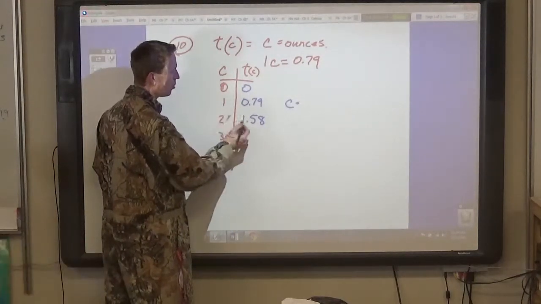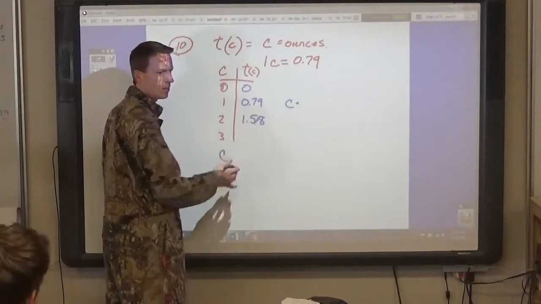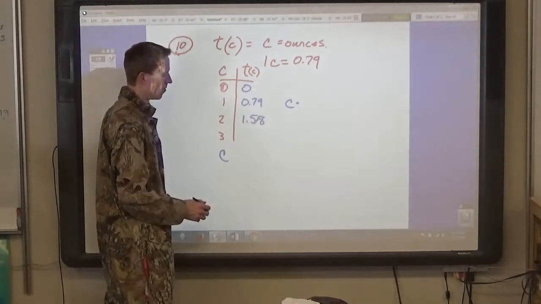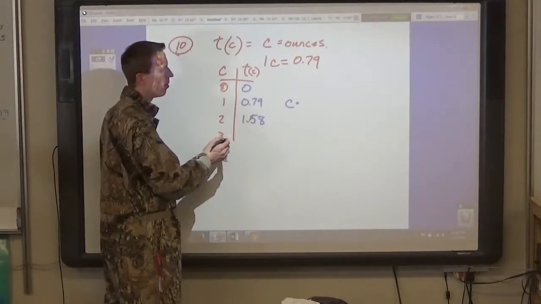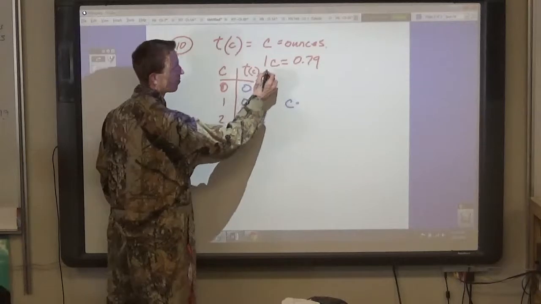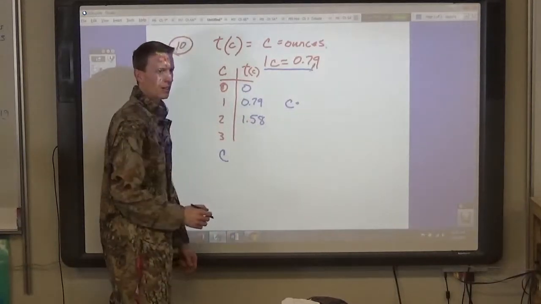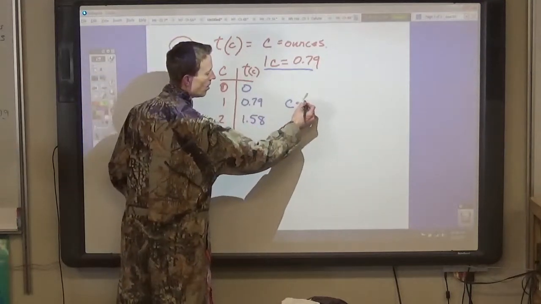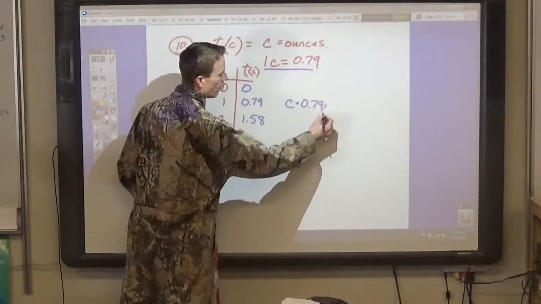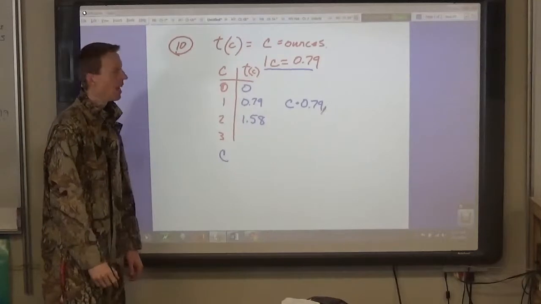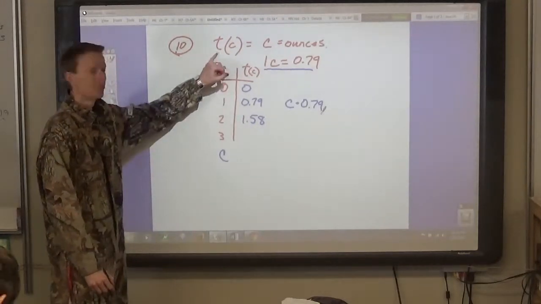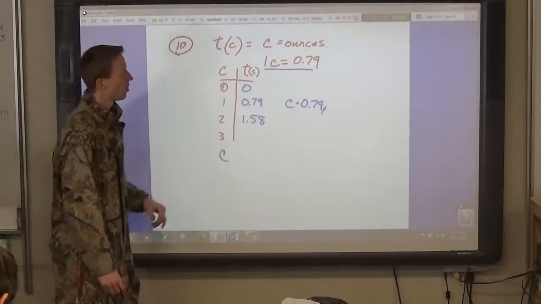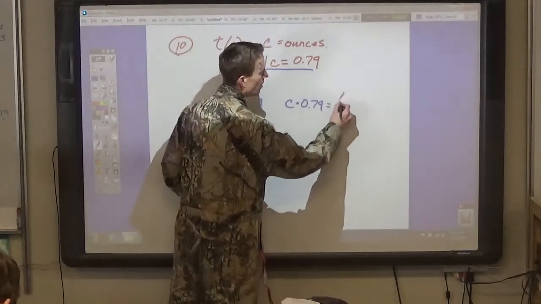No, did you multiply 2 times 1.58? Or 3 times 1.58? No. It's the cost of 1 ounce times the number of ounces, so 0.79 times C. And that equals what? Total cost.